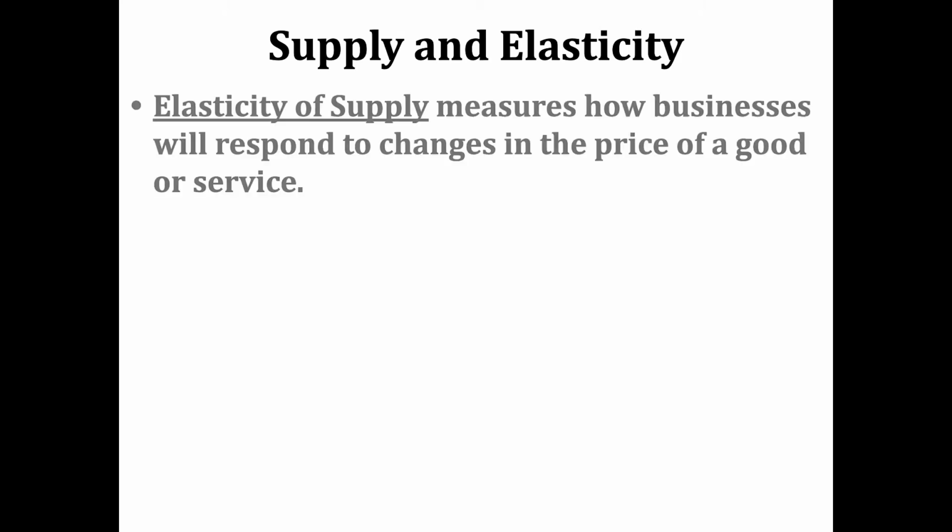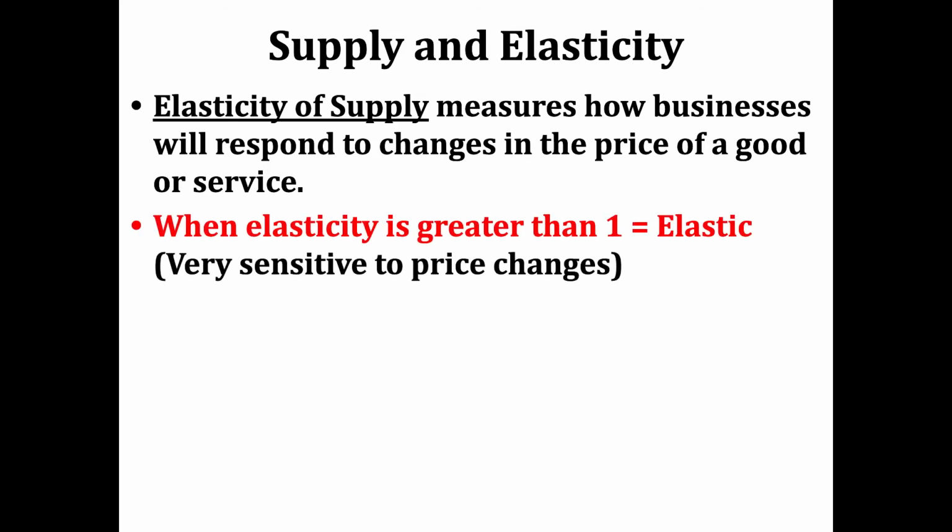and that is the idea of elasticity. So elasticity of supply measures how businesses will respond to changes in the price of a good or service. So how will businesses respond? When elasticity is greater than 1, that means a product is elastic.